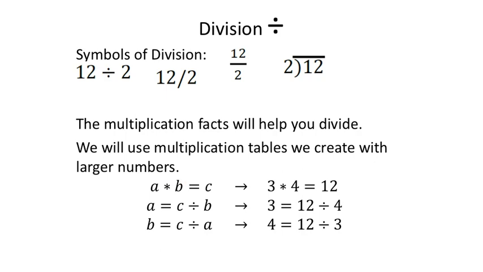But what you'll notice is a factor times a factor is a product. If you take the product and divide it by either one of the factors, you'll get the other factor, right? I say 12 divided by 4, that's my one factor, I get the other factor, 3. That's part of the fact family. Or if I take my product 12 and divide it by the first factor, 3, I get the other factor, 4.